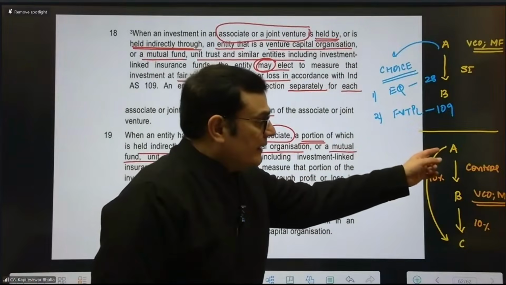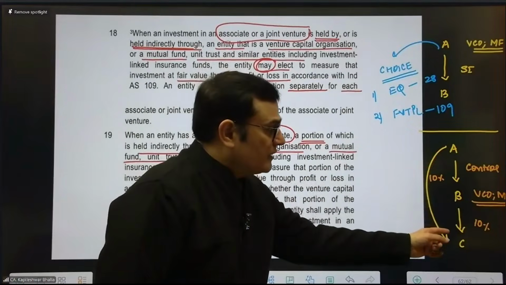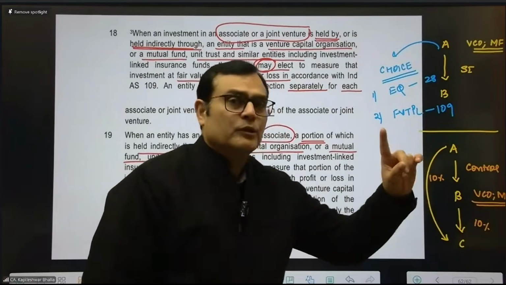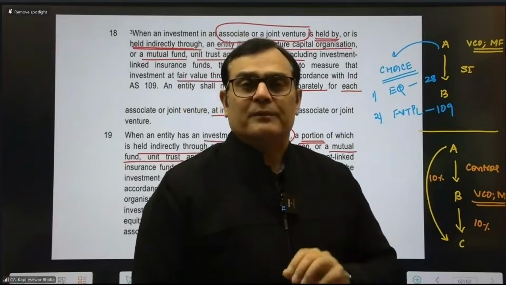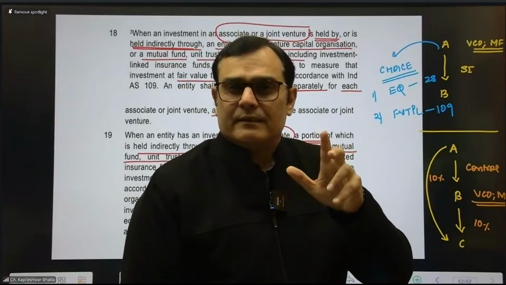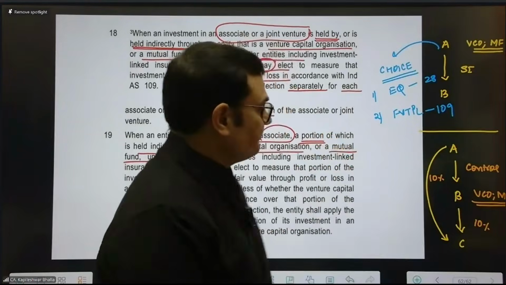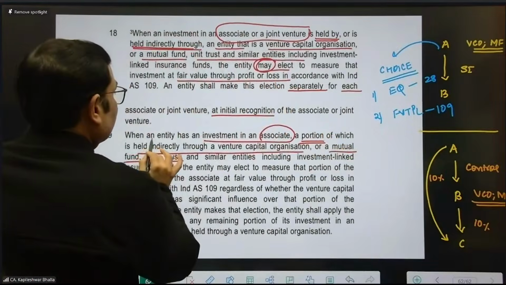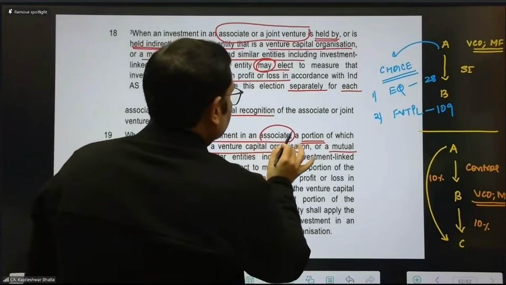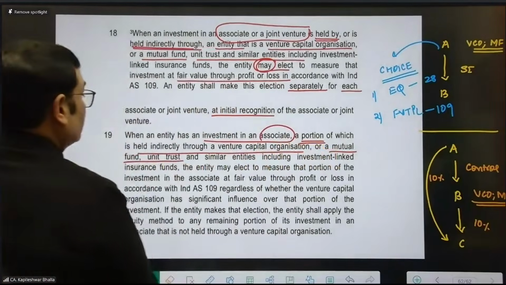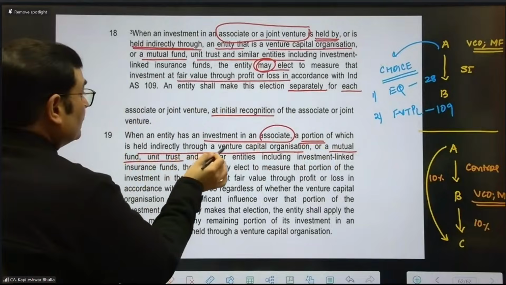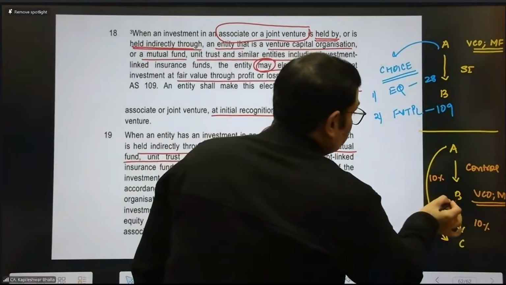So can I say A, indirectly through a subsidiary, has got investment in C, which is through a VCO or through a mutual fund. So A has got direct and A has got indirect. So it says when an entity has an investment in an associate, a portion of which is held indirectly through a VCO. So a portion is this.